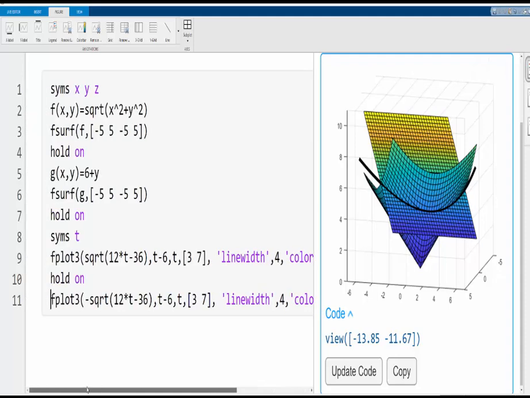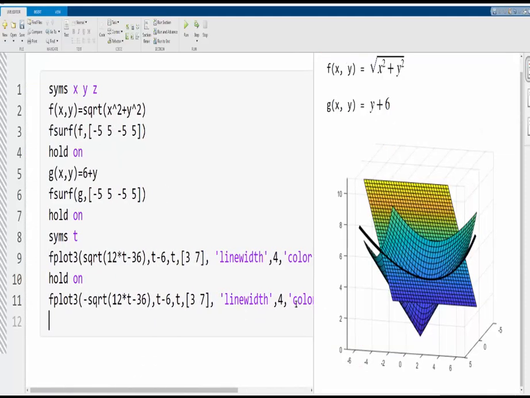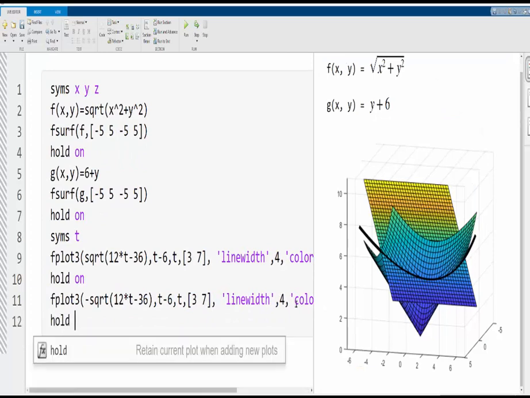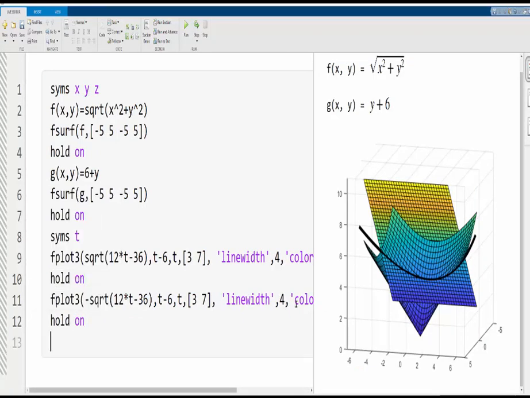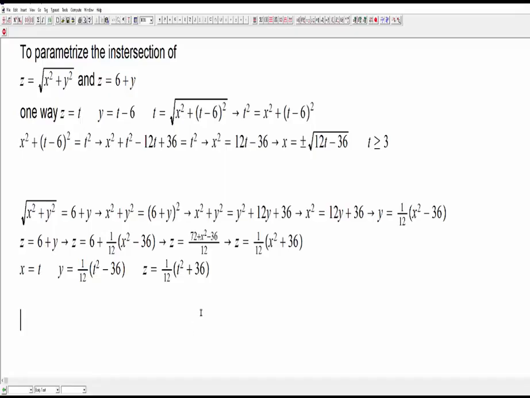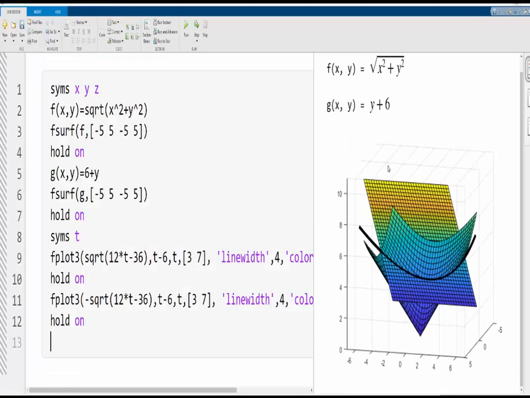All right, okay, and then we will ask it to hold on again. Okay, so hold on. And now we would do what? The other one, I really forgot what that was. Okay, 1 over 12 times t squared minus 36, then plus 36 over 12.